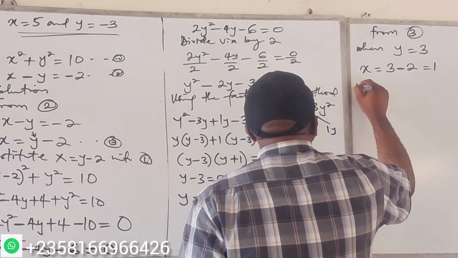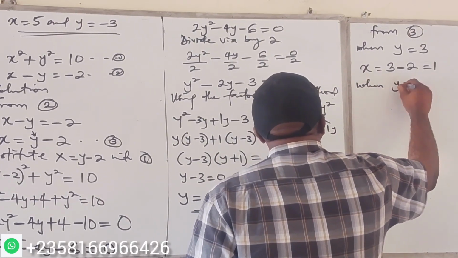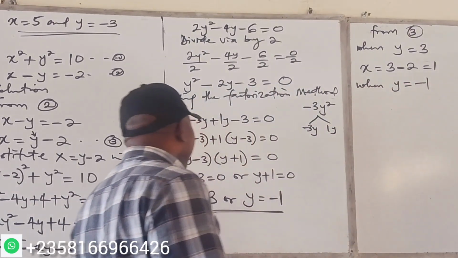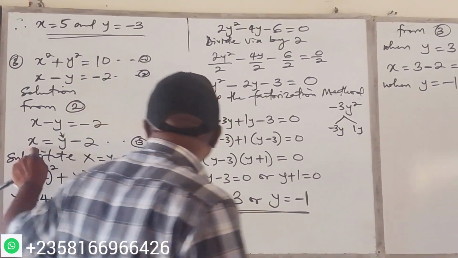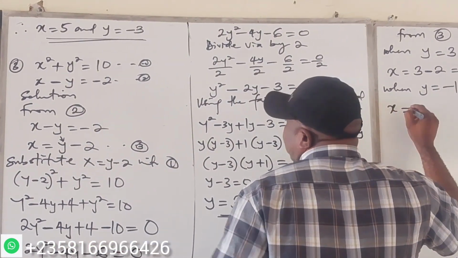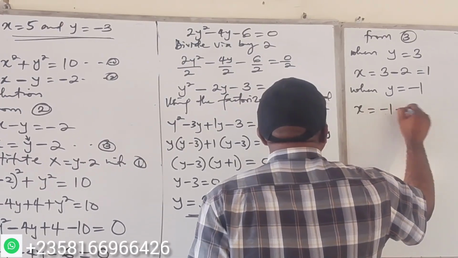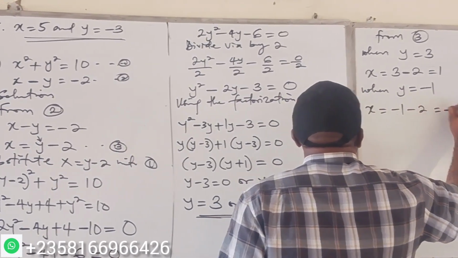Now let's see when y is equal to minus 1. The value of our x will be minus 1 minus 2, and that will give us minus 3.